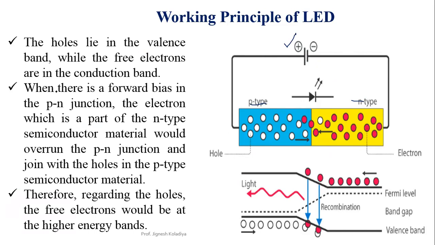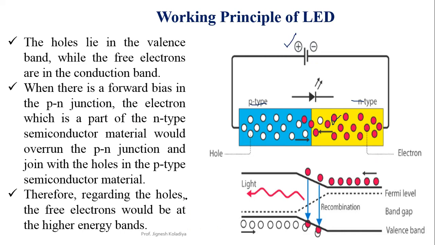So when there is a forward bias in PN junction, the electrons which are part of N-type semiconductor, so we are talking about this red bubble, would overrun the PN junction and join with the holes in the P-type semiconductor material. So it's similar to what we have discussed in PN junction diode.